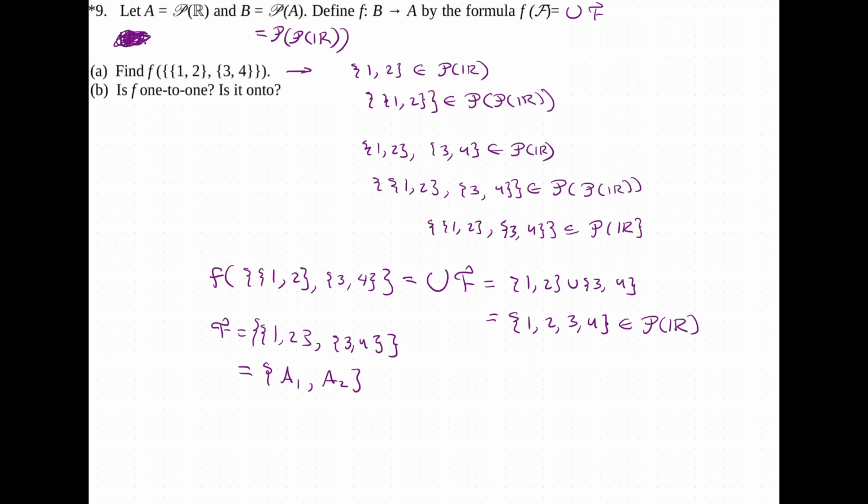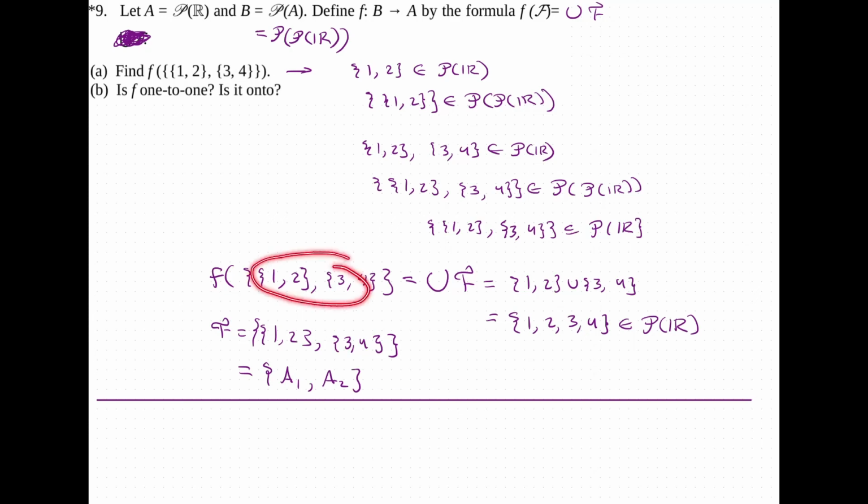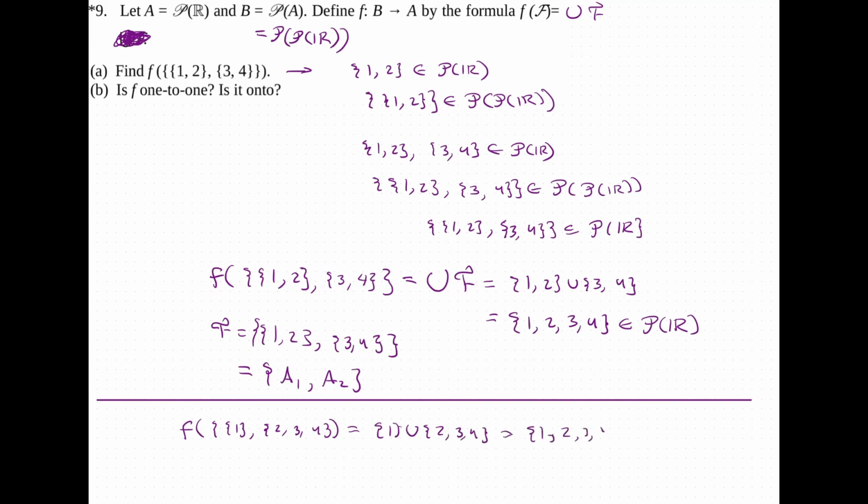Okay, so let's see. Is it 1 to 1? Well, if it is 1 to 1, that means that every output has exactly one input. So if we look at our output, the set {1, 2, 3, 4}, is this the only set that maps to it? Well, by our construction, it's just the union of these. So if we were to instead take F being the set containing the set {1} and {2, 3, 4}, this will map to the union of {1} and {2, 3, 4}, which is the set {1, 2, 3, 4}.